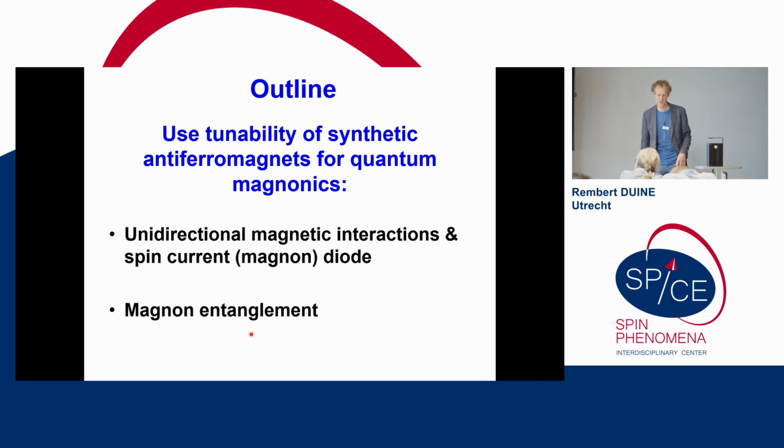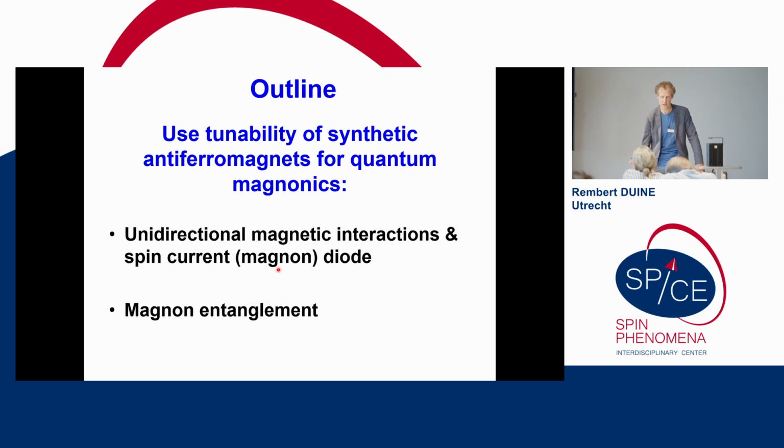Good. So I want to now give two examples of doing something with these interactions, something fun, and perhaps something useful even from the point of view of quantum magnonics. The first one is using the coherent and incoherent interactions, so the dissipative and coherent interactions, in such a way that you get a unidirectional interaction and possibly get a magnon diode, a spin current diode.